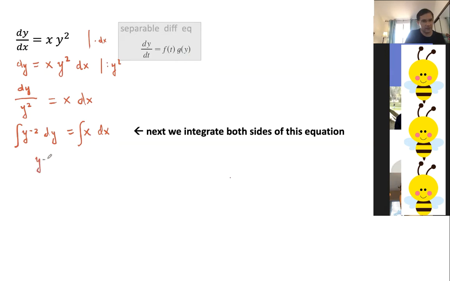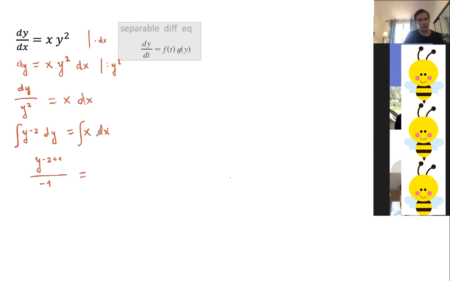If we don't remember, we can say, okay, so this is going to be equal to y to the negative 2, and I'm going to add 1, so negative 2 plus 1, divided by this exponent, so divided by negative 1. And that's going to be equal to the antiderivative function, x squared by 2, and some constant c I add. So this is y to the negative 1 divided by negative 1.